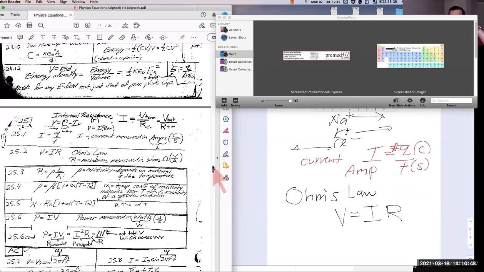Veer, yeah, veer. You have nothing to veer from Ohm's law. Good one. So we know what I is, we know what V is. And R, you probably know, is going to be resistance.